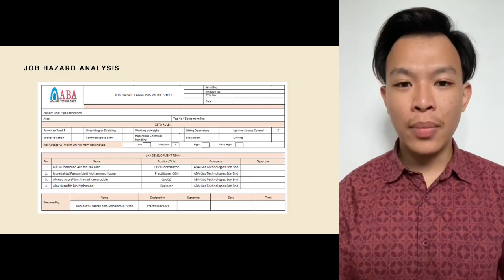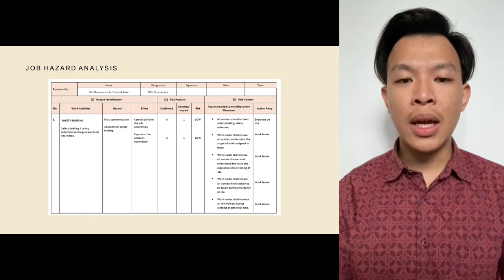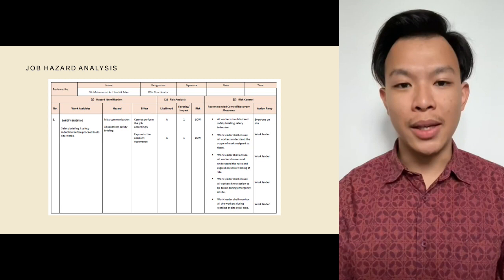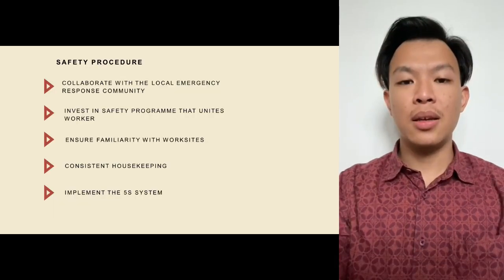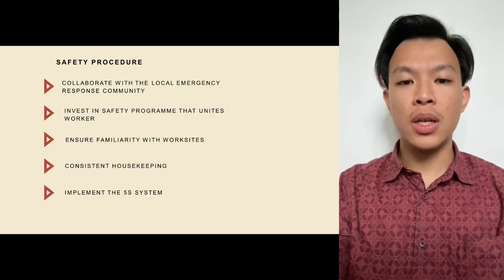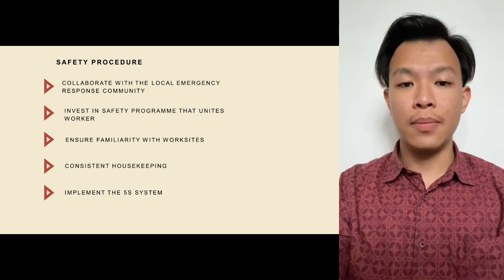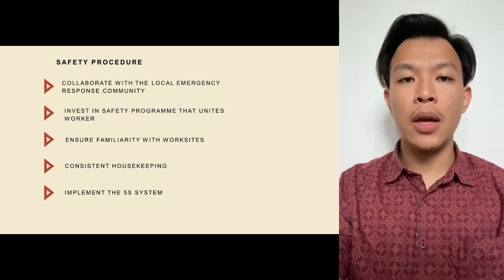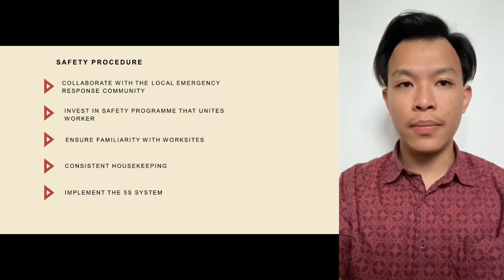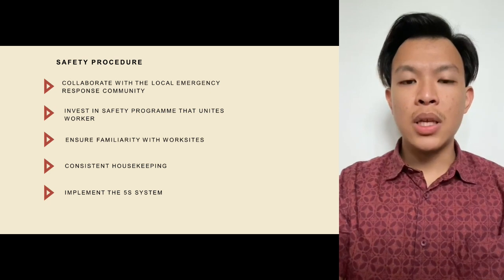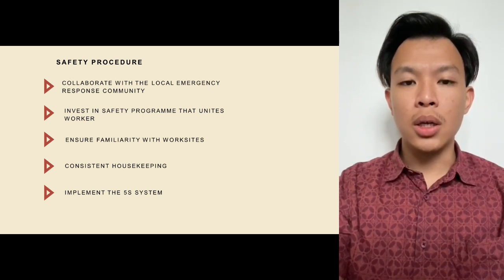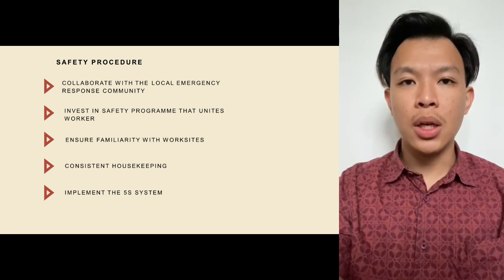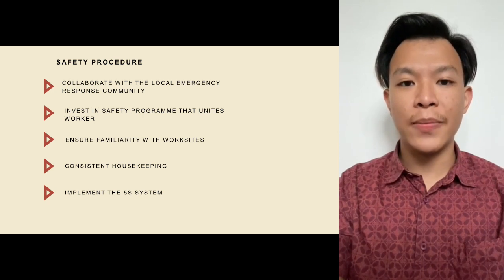Here is an example of the job hazard analysis worksheet of the company. Lastly, there are 5 safety procedures that are used by the company. Firstly, collaborate with the local emergency response community to ensure a high level of overall safety. Next, invest in safety programs that unite workers to encourage open communication and respect in the workplace.